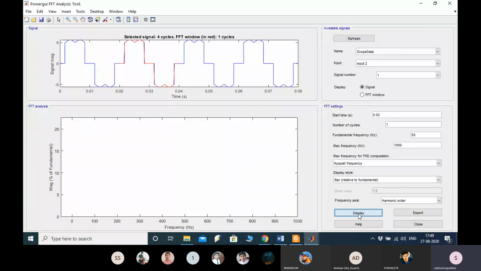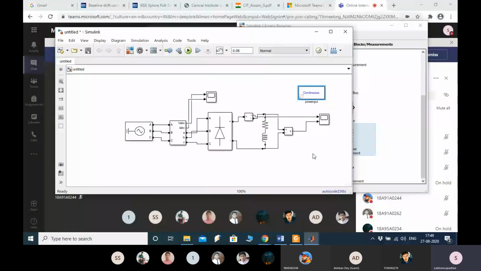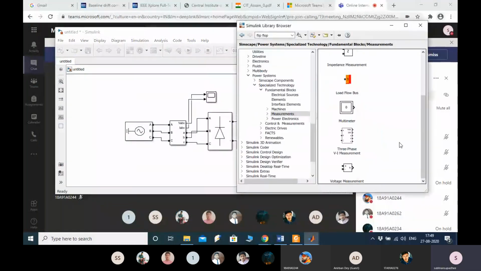It is much easier to analyze all this stuff in Simulink, and you can do your projects over here also in a very short manner. You can simulate any of the circuits in a very short time and submit your projects over there with a lot of results, a lot of graphs.